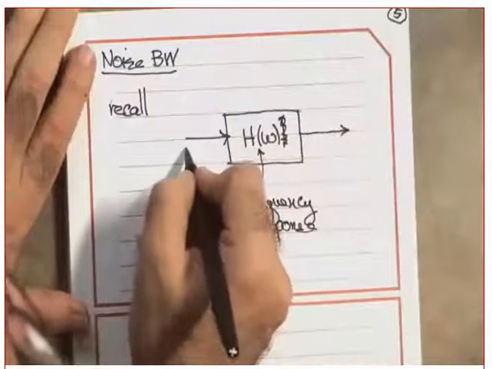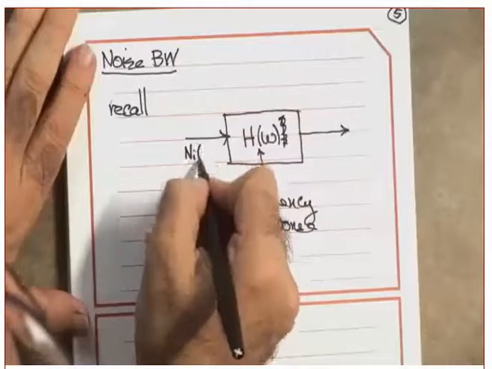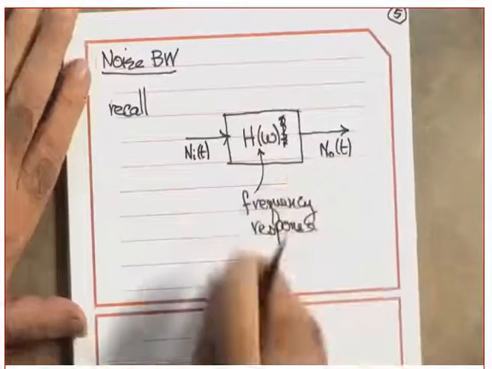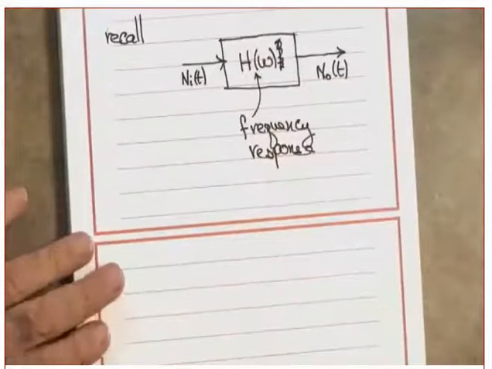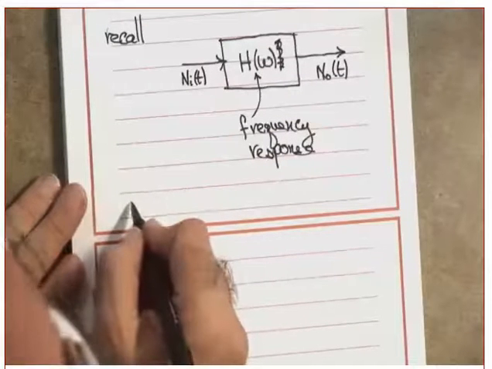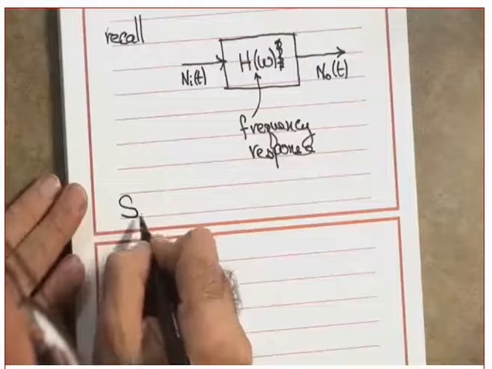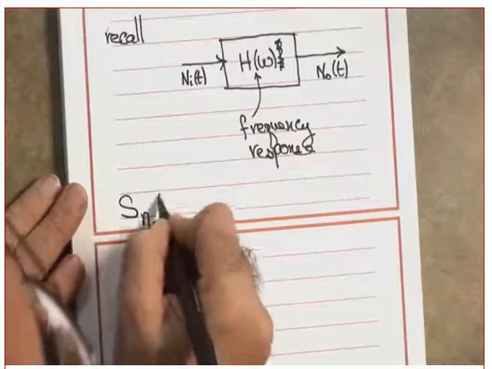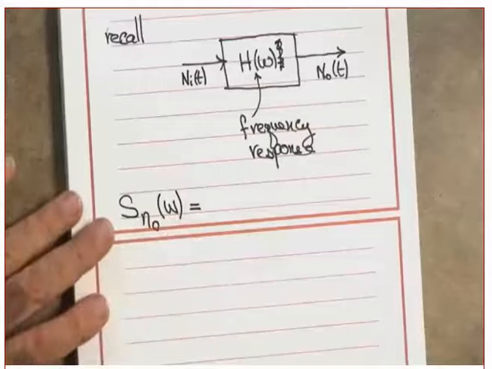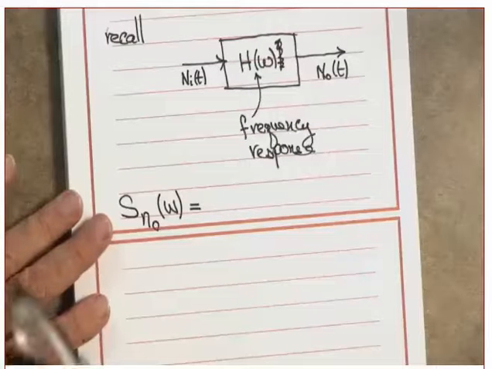This is the noise input, n of t. This is the noise output, n0 of t. Okay, let's see if you can help me. S n0 of omega. What is this in words? Before you tell me the equation, can you tell me what it is in words?